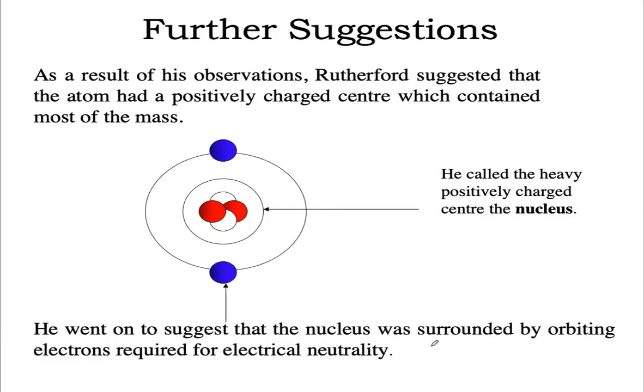He further suggested that this nucleus was surrounded by electrons in some orbits, and that's why the whole atomic structure is completely neutral, because there are positively as well as negatively charged particles.